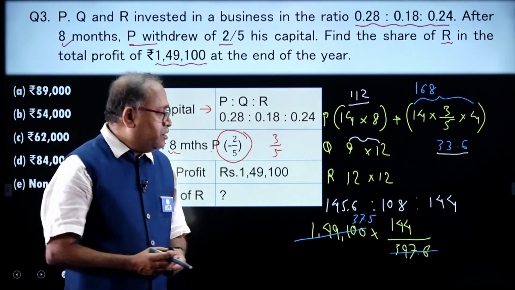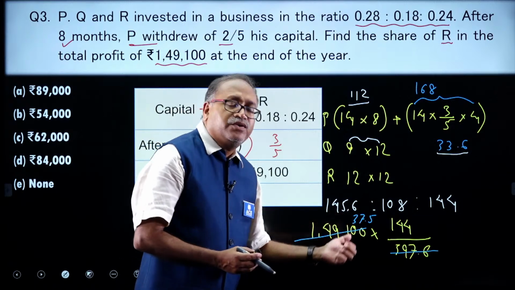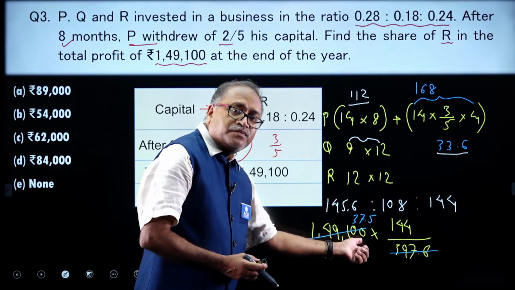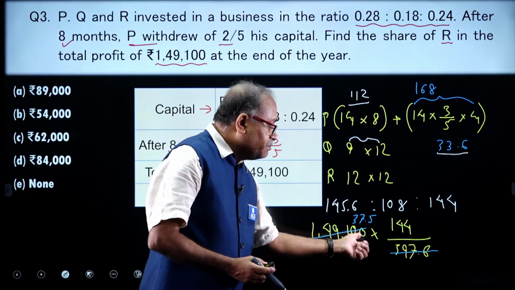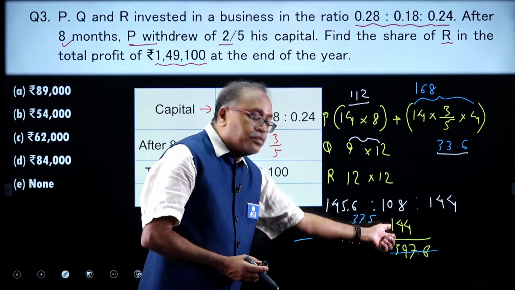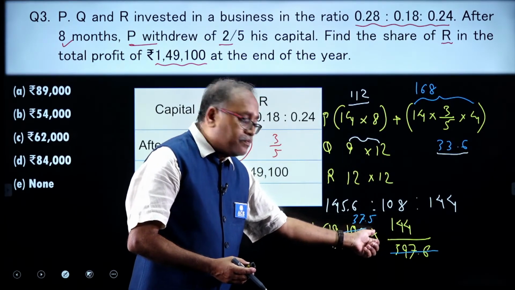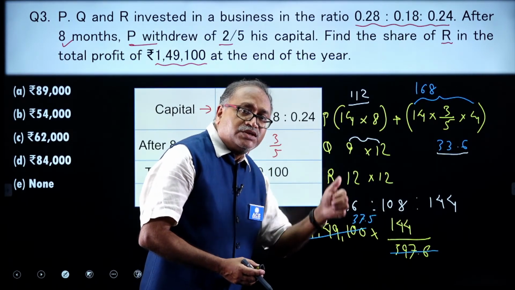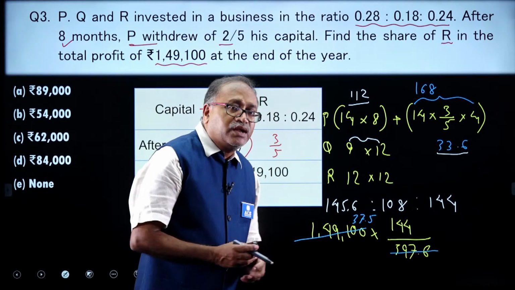It becomes a simple one for you. Now I may write this one as 75 by 2, 75 by 2 into 144. With 2 this gets cancelled. This becomes 72.